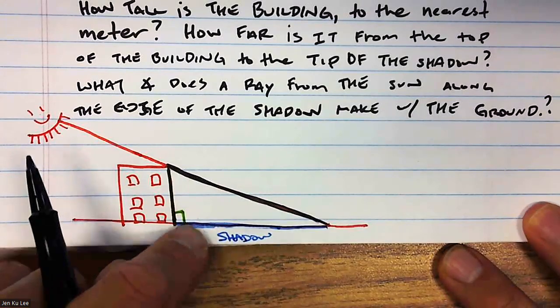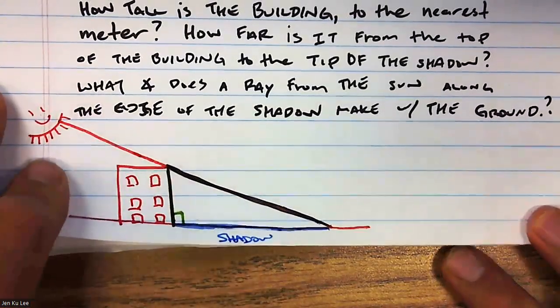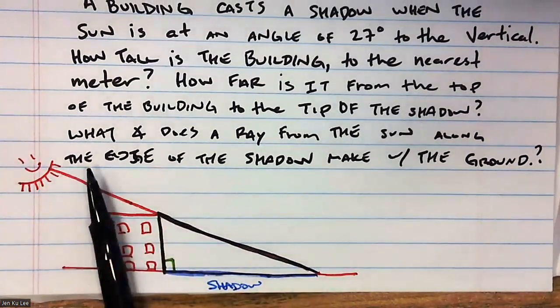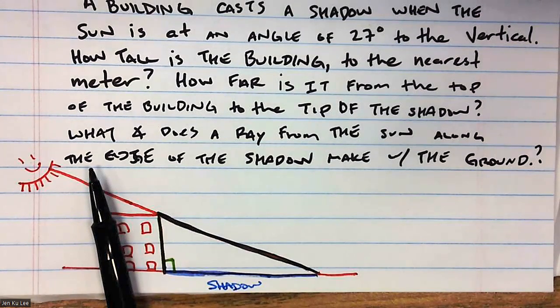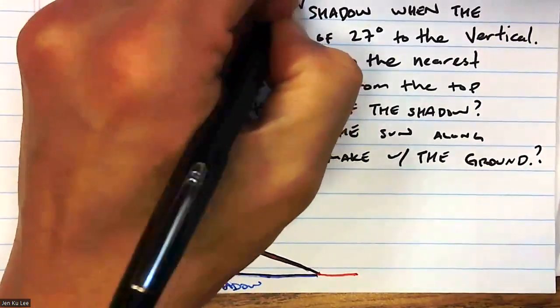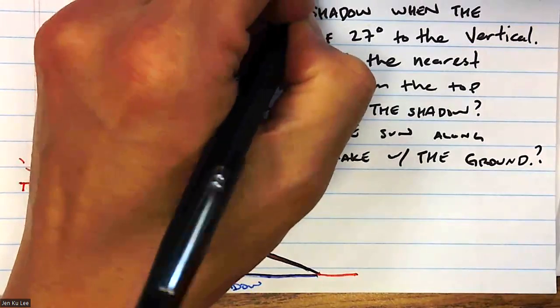A building casts a shadow. Oh, I think I skipped the... hold on. A building cast a 33-meter shadow.